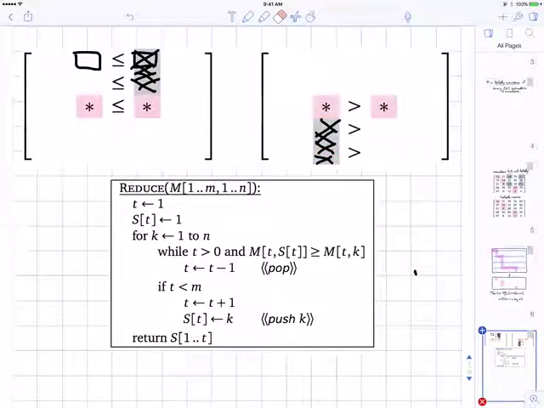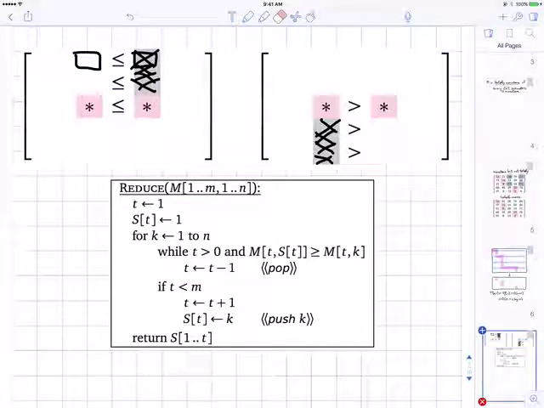Okay? So, with this idea in mind, that with a single comparison, I either rule out one entry in every row above, or I rule out one entry in every row below, I'm going to use that to design this algorithm called reduce.